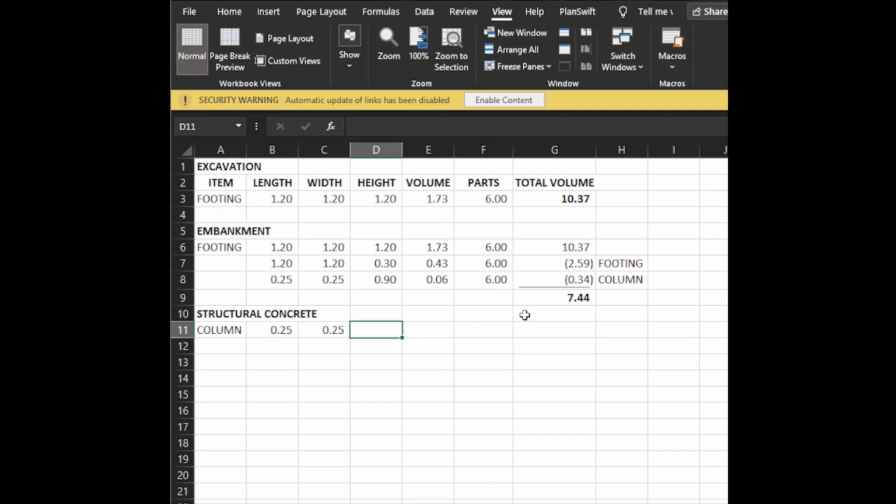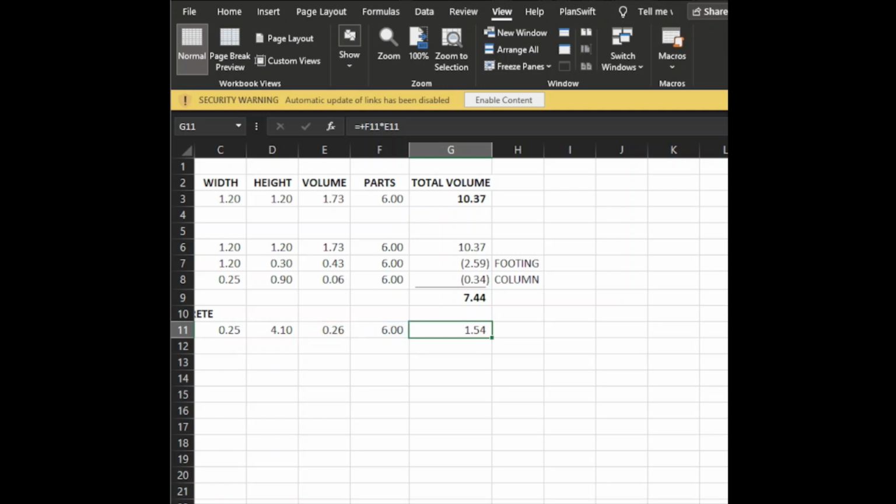The height of the column is 4.1. So for the volume, we just copy this formula, and the number of columns is 6, and the volume is 1.54.